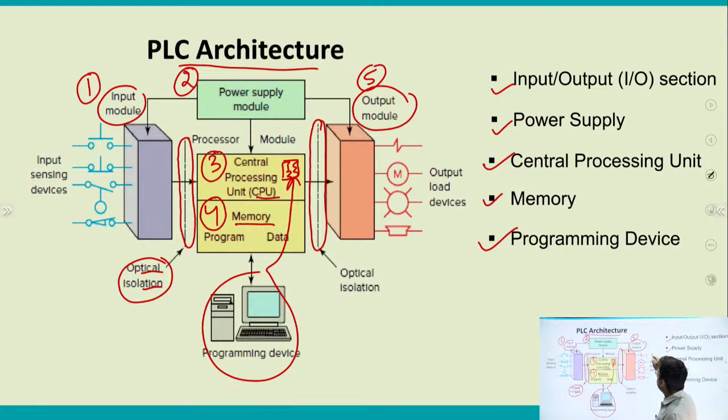In the same way in the load system, there are different kinds of loads, a motor, LED or bulb connected through optical isolation, so the output processed by the CPU is given to the output devices through optical isolation. If there is an analog output, then it converts digital into analog. If it is digital, it is fed directly, the same way.